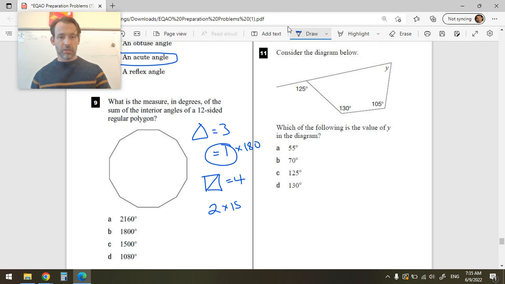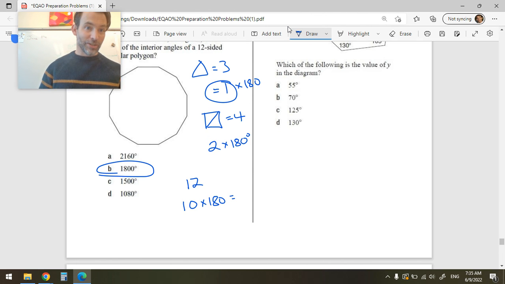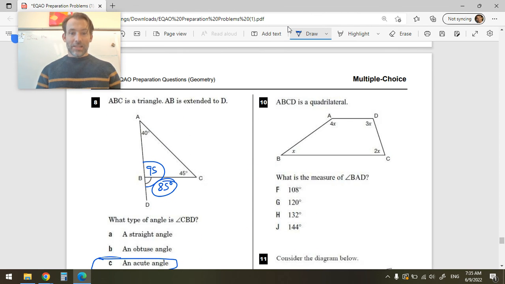So its interior angles sum to 2 times 180, or 360. With 12-sided shapes, again, the pattern is true. It's 2 triangles less than the number of sides. So it's 12 sides. That means it's 10 times 180. Just add a 0 to 180. Okay, so that's the sum of the interior angles of a 12-sided shape.